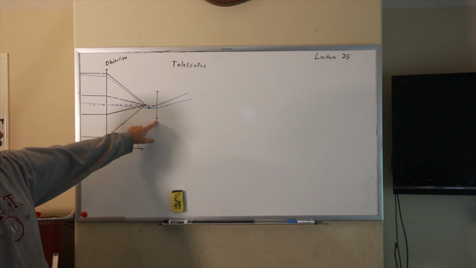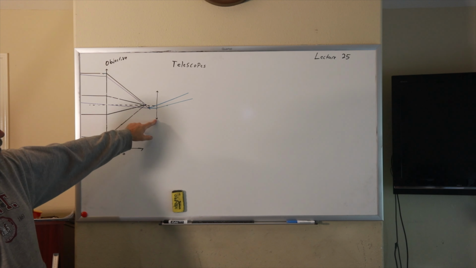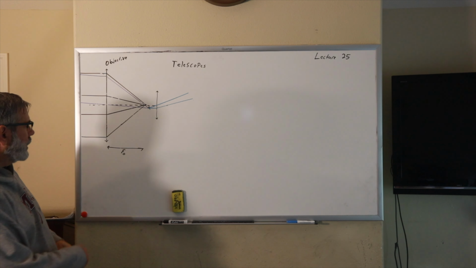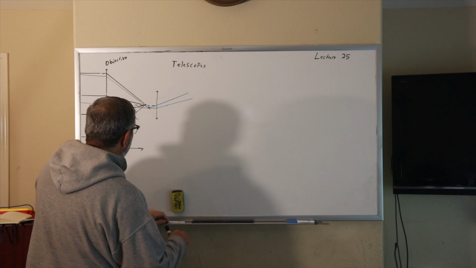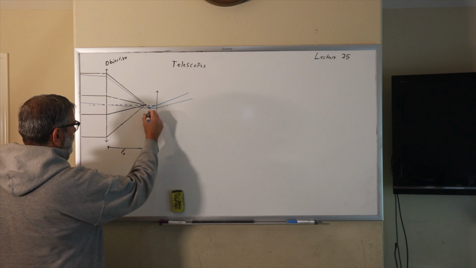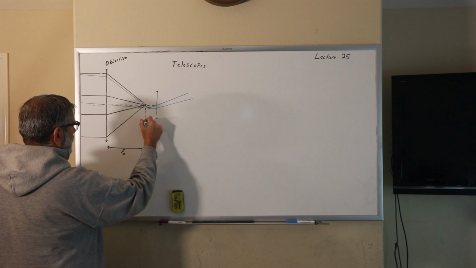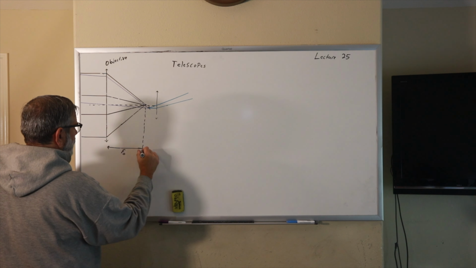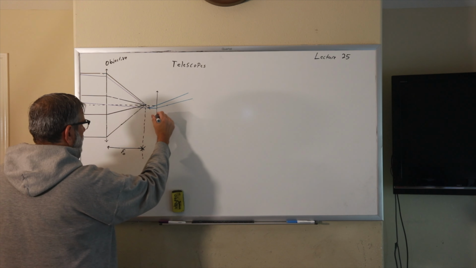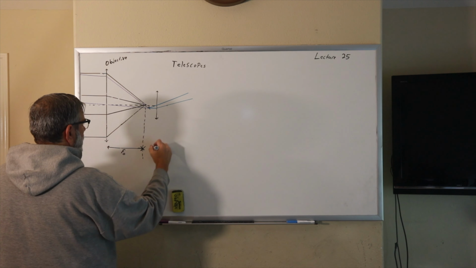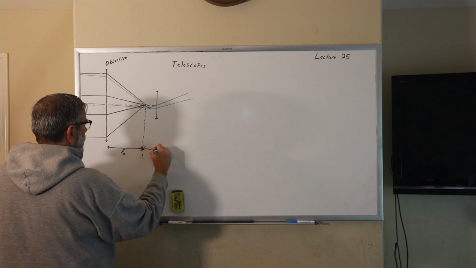Now for the second lens, this is another positive lens, but it's of a shorter focal length. So I want the focal length to be less. I'm going to just make a dotted line down here so we know where this is going. So that's this one. This one is going to go here.